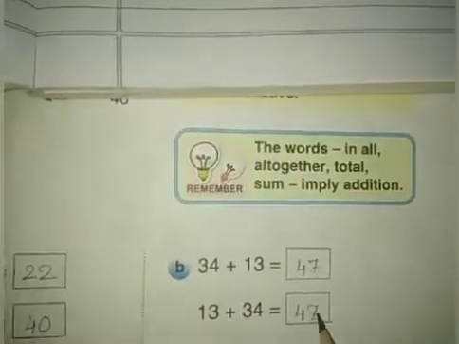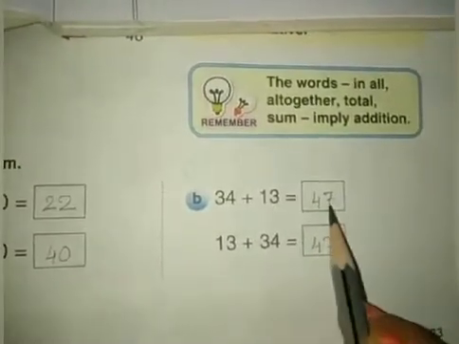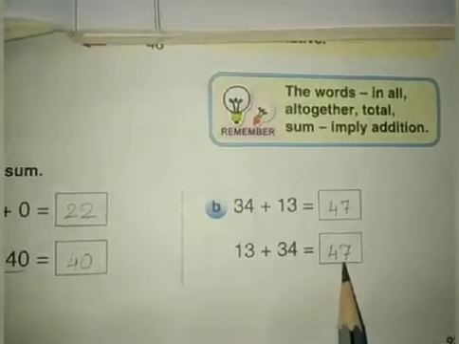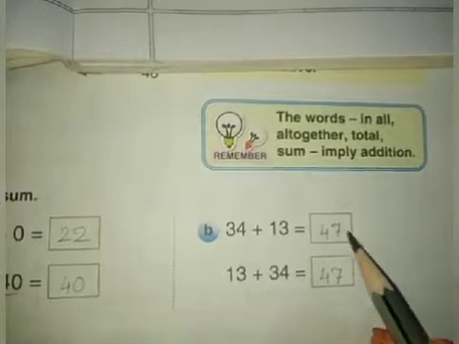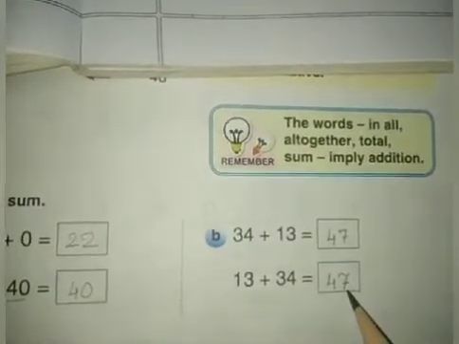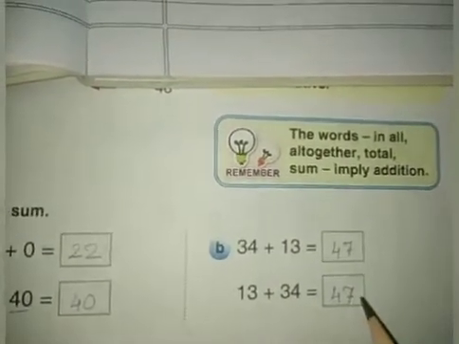We got the answer as 47. If you add 34 and 13, you will get 47, or 13 and 34 you will get 47 only as the answer. When you exchange the order of addends, the answer will not change. The sum will be the same only.